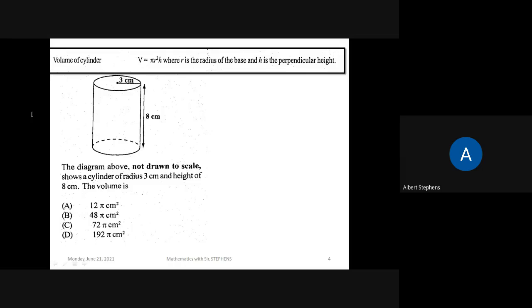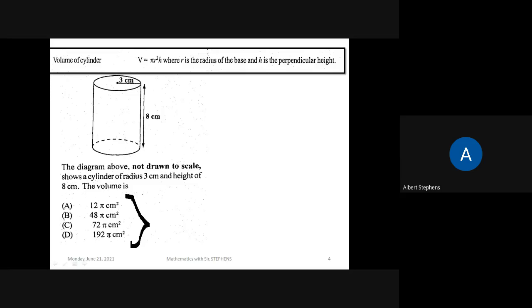All right. So the formula is actually given in the exam. So volume of a cylinder is pi r squared h. Now, question, class. What do you notice about all the answers? Sir, they have centimeter square at the end.